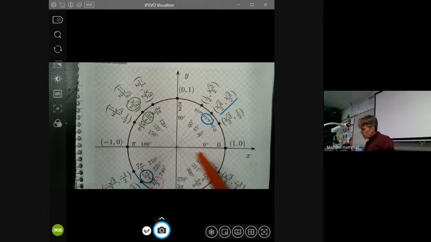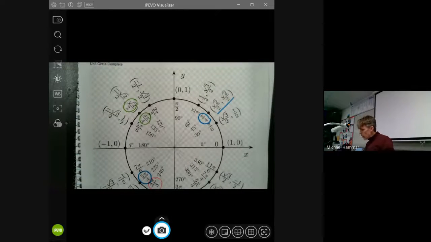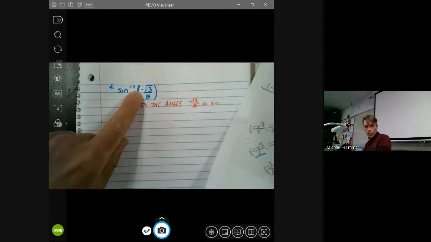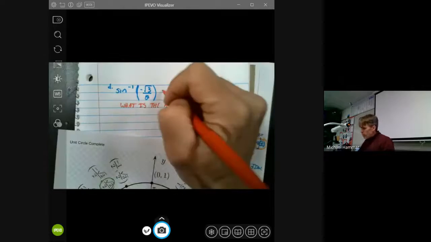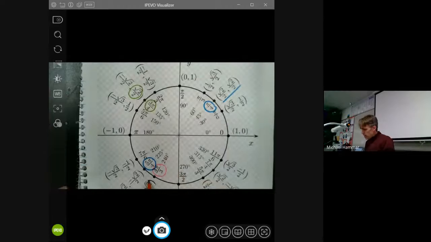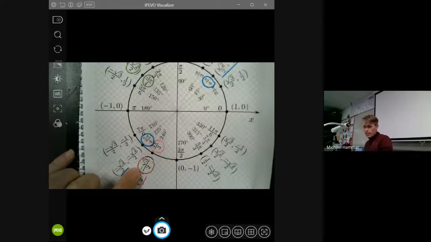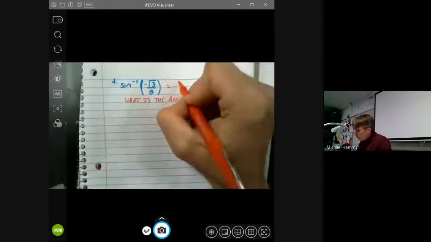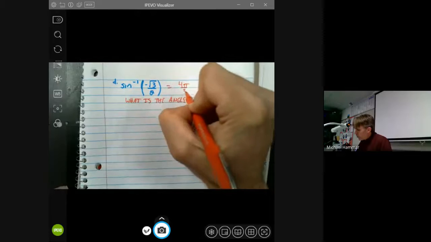So we need to go around the unit circle and find where we would have a y coordinate that is negative square root of 3 over 2. What angle is that? The angle that has that is right here. Notice the y value is negative square root of 3 over 2. So that means the angle is 4 pi over 3.